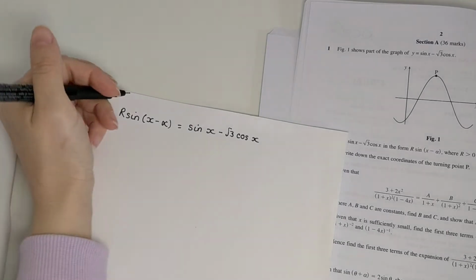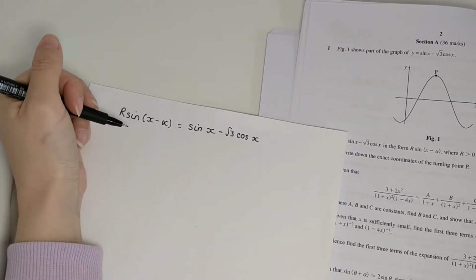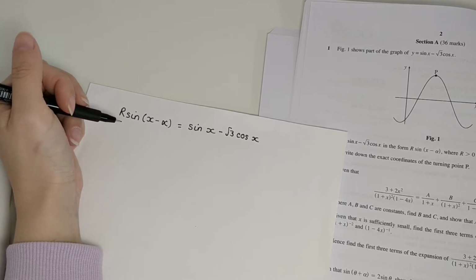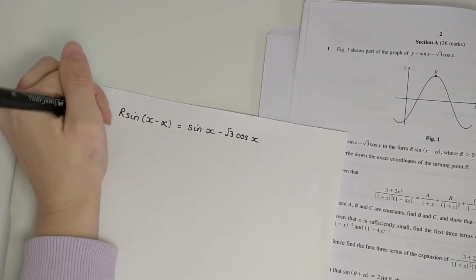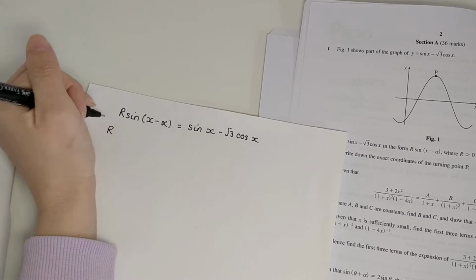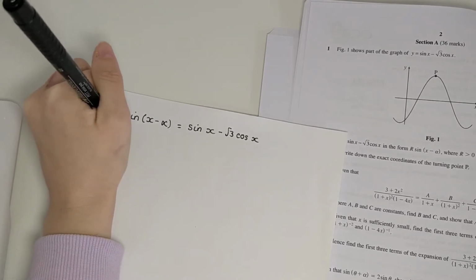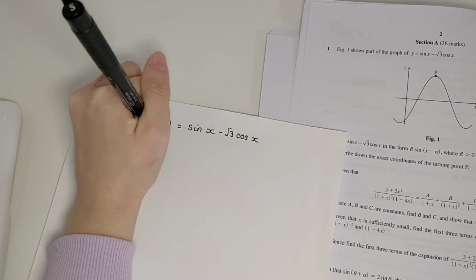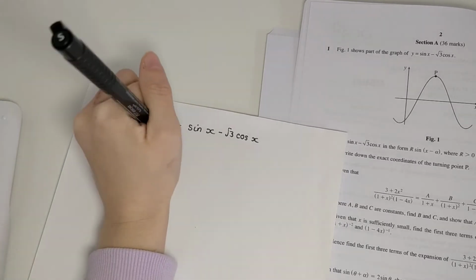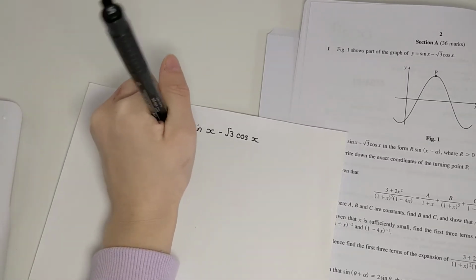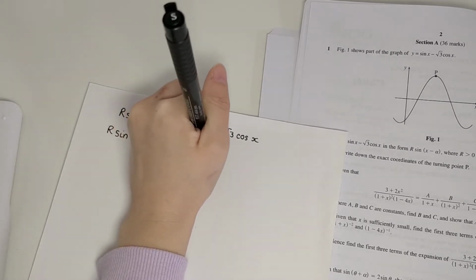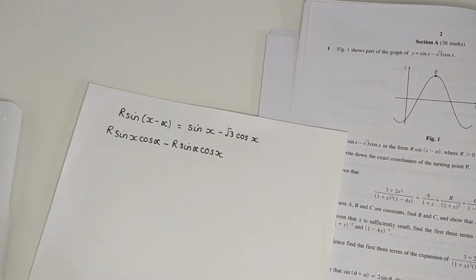Now, the compound angle formula for sine is sine x cos alpha minus sine alpha cos x.